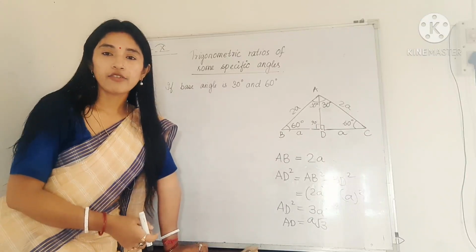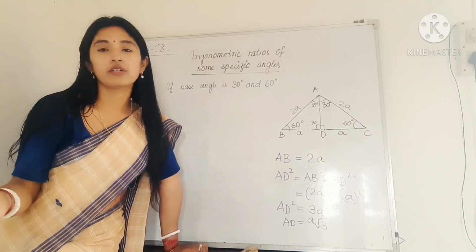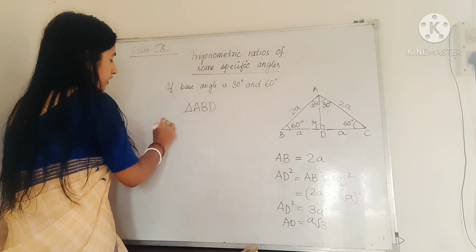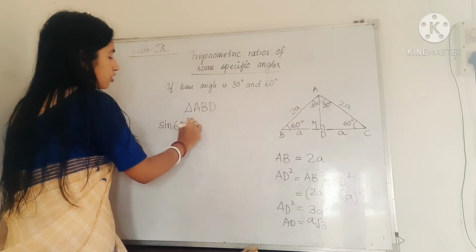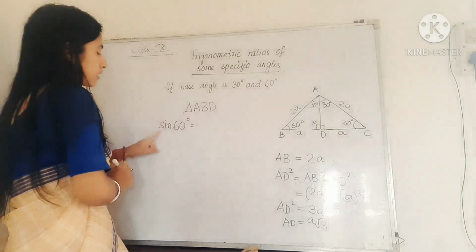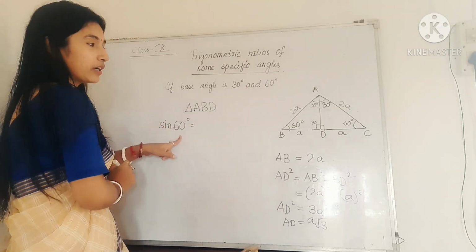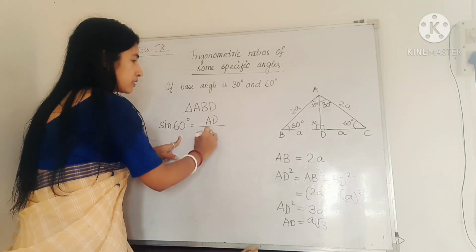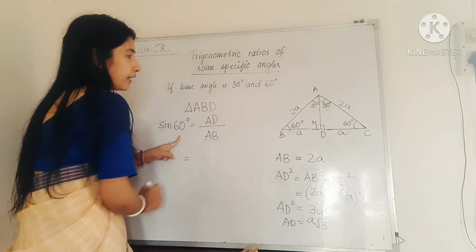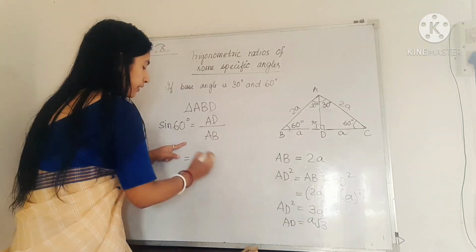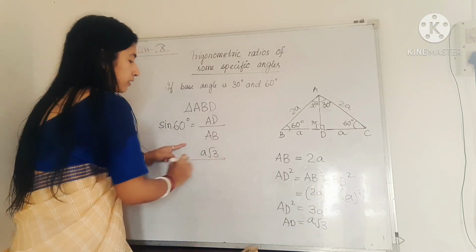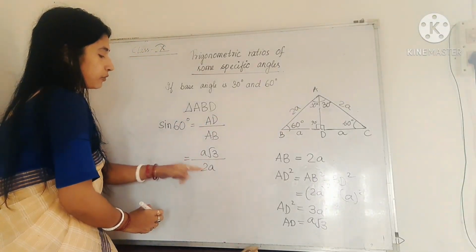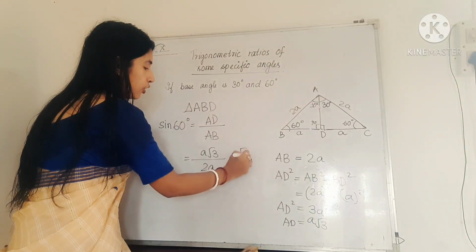So now we got all the lengths. So now we can easily find any trigonometric ratio in triangle ABD, and we can write sine 60 degree. So sine 60 degree is what? We know that sine is equal to perpendicular by hypotenuse. So here the perpendicular is AD and hypotenuse is AB. So the length of AD is what? We already got here, A root 3, and AB is twice A. So after cancelling A from numerator and denominator, we will get root 3 by 2.